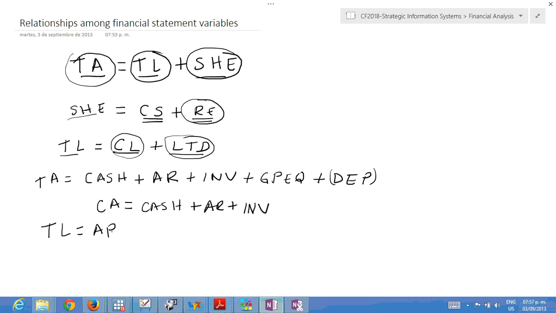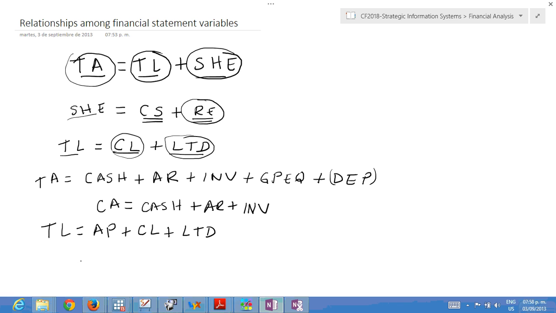When we buy raw material, some suppliers give us credit, so we can receive the raw material earlier and pay them later, usually one to three months from now. Then plus current liabilities, plus long-term debt. The current liabilities are all the short-term debt that the company owes to any creditor.